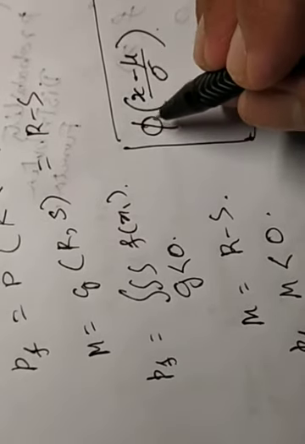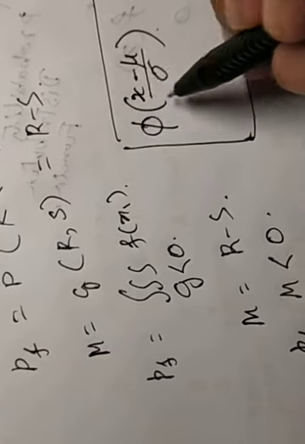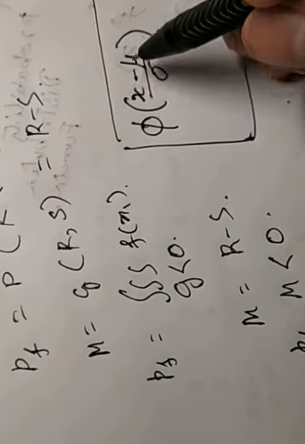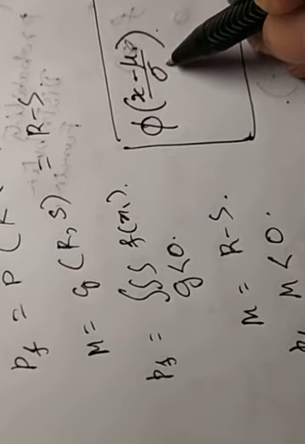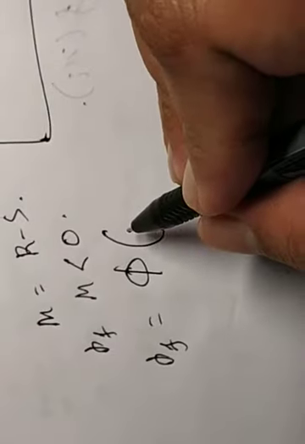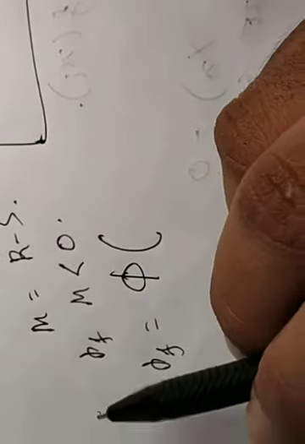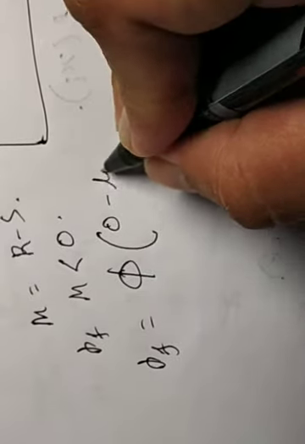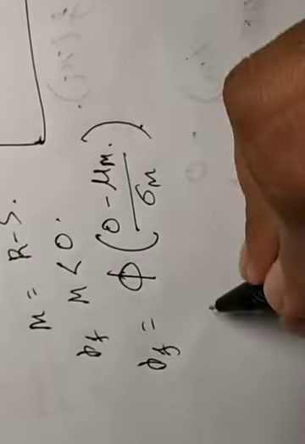Here x is the point till which you want the cumulative probability, mu is the mean of the distribution, and sigma is the standard deviation of the distribution. In this case, I want the probability till M is less than 0, which means from minus infinity to the point 0. So 0 minus mu of M divided by sigma of M.